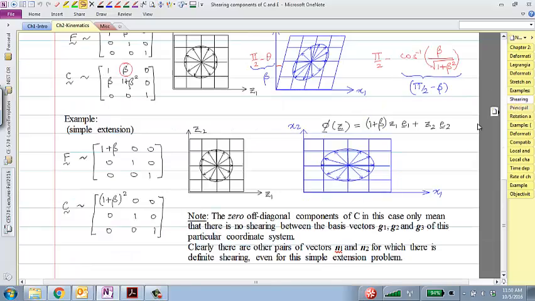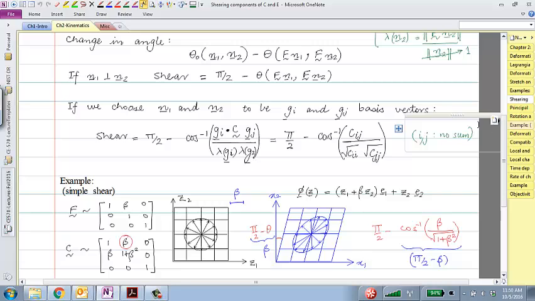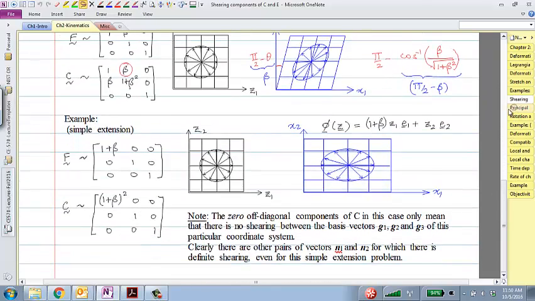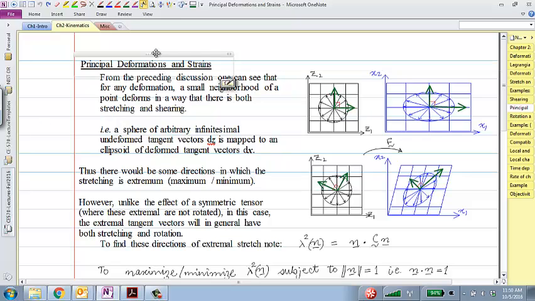We saw that the off-diagonal components are proportional to the shear angle beta. And just about when we closed last time was on this idea of principal directions for deformation tensors and strain tensors.